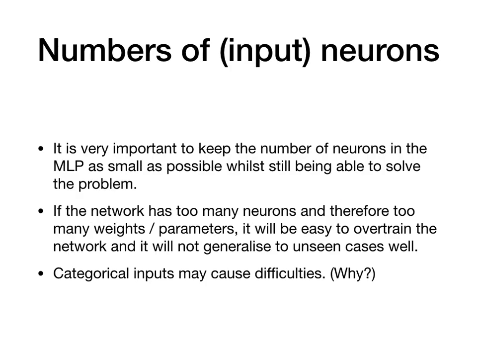With neural networks, particularly the multi-layer perceptrons, not so much the more modern deep learning neural networks, it's really important to keep the number of neurons as small as possible. You want to have as few neurons as possible while still being able to solve the problem.